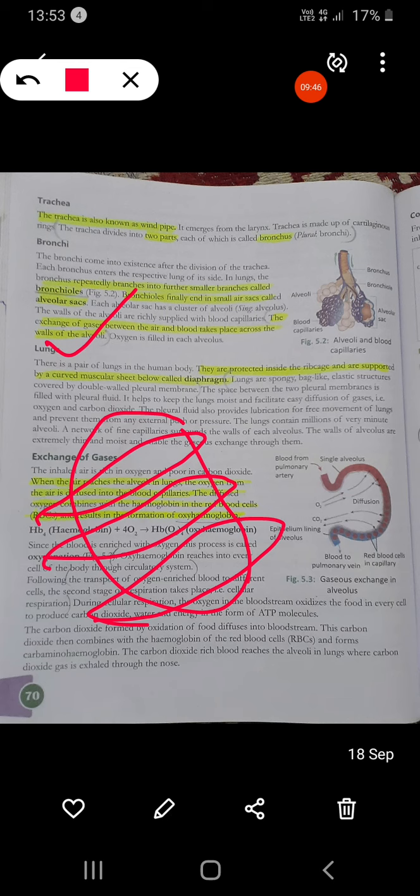Okay, and the lungs are supported by a curved muscular sheet below called the diaphragm. Children, there will be a diaphragm below the lungs. You can also see the diaphragm in page number 71. It is clearly shown. The blue parts are the diaphragm.